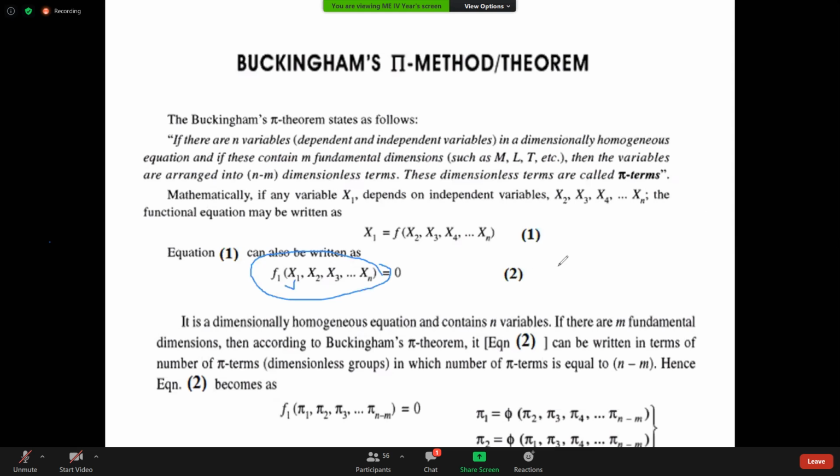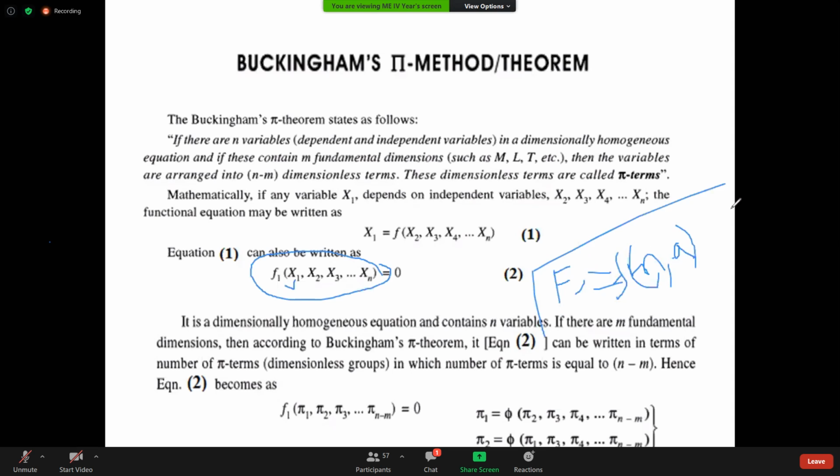For example, I need to calculate the force. Let us say force is one variable here. Force depends on mass and acceleration, mass into acceleration. So force is a function of these two variables.